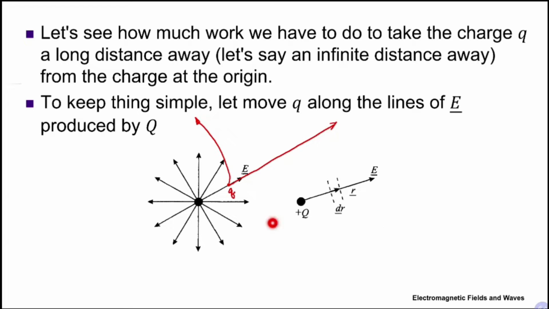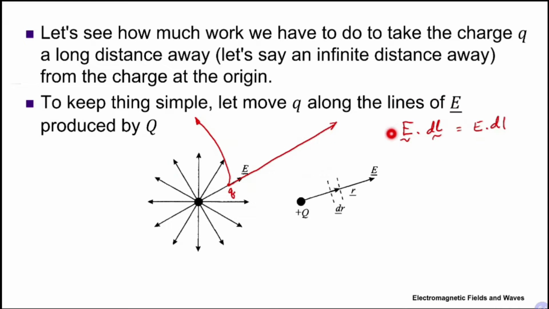If we move along the electric field, E dot dl simply equals E times dl. The vectors are aligned, so the dot product is simply the multiplication of the magnitudes.